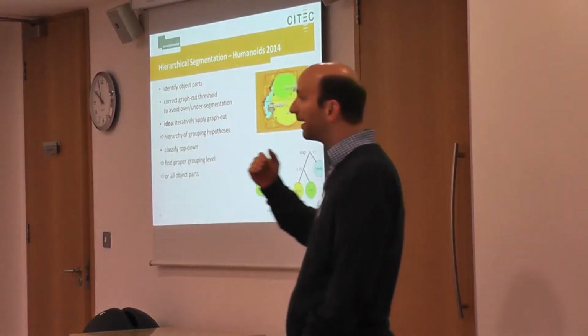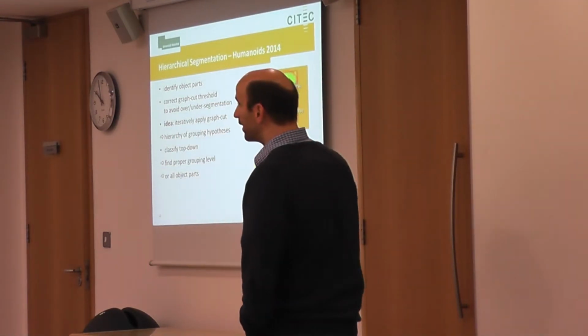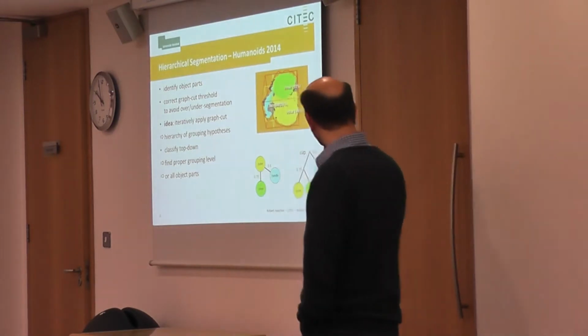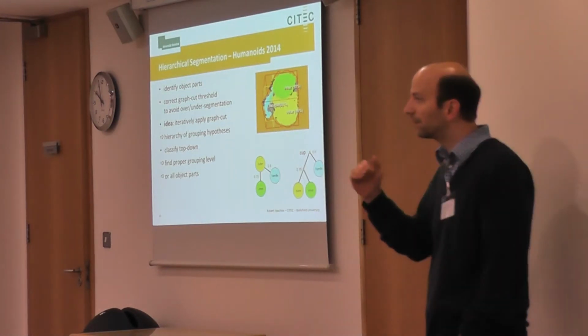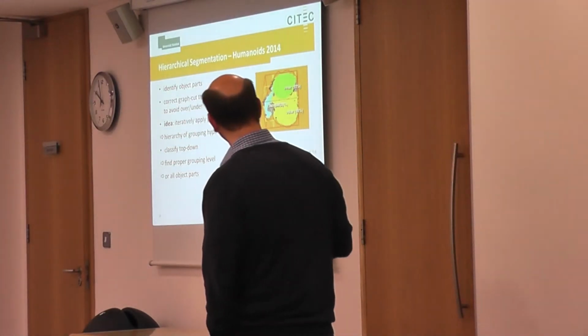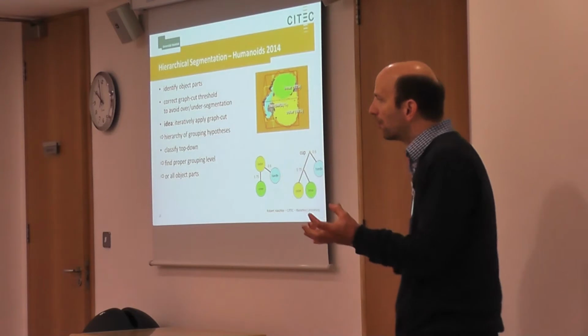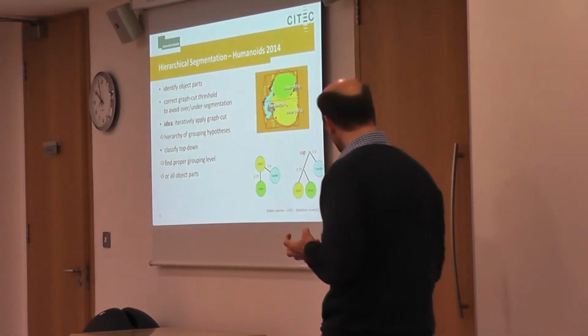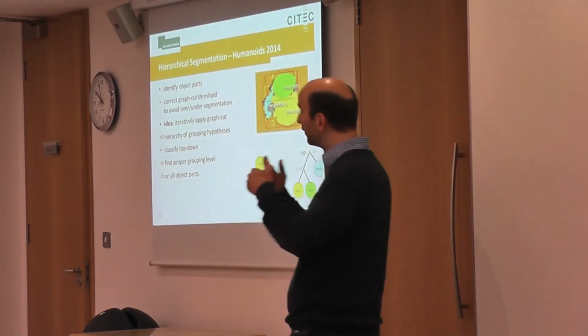And if you now apply our classifier in top-down fashion, we can nicely find the correct level of grouping. So if the classifier already succeeds considering the whole point cloud, here detecting a cup, then we could stop.